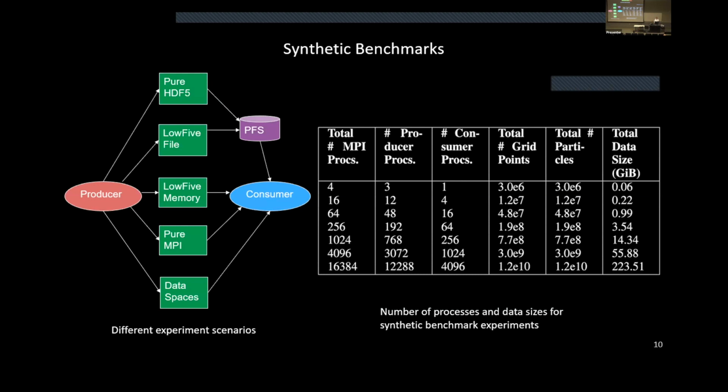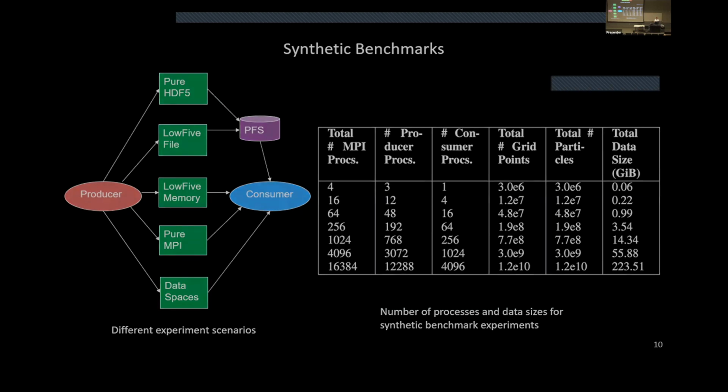We'll compare those with pure HDF5 without LowFive, just to make sure that we don't incur too much overhead. We'll compare that with pure MPI, to again make sure that we don't incur too much overhead in memory mode of LowFive. And we'll compare that with one other tool, DataSpaces. Okay, so that's what's coming up.